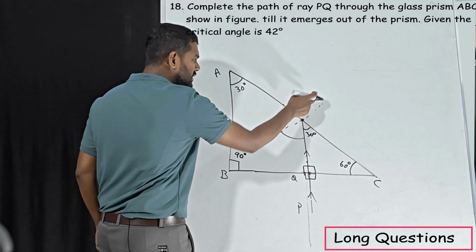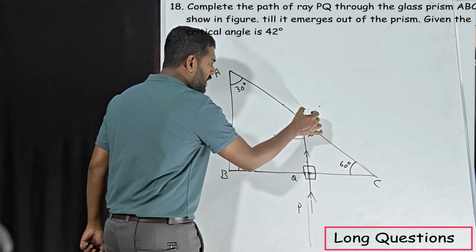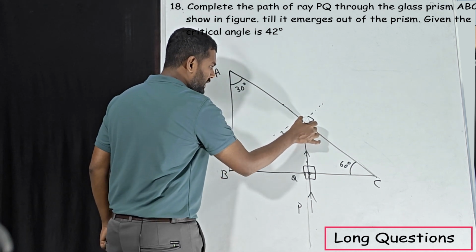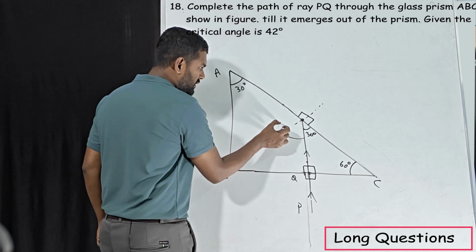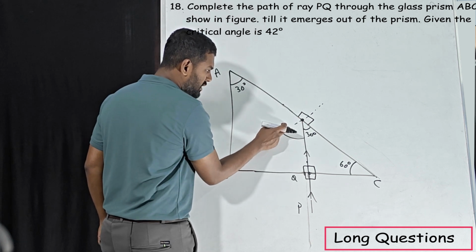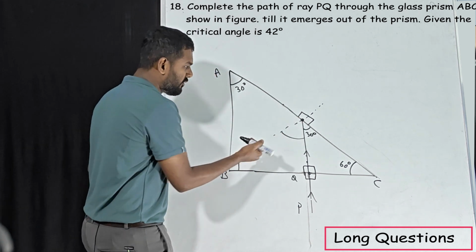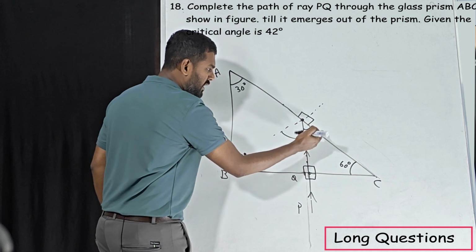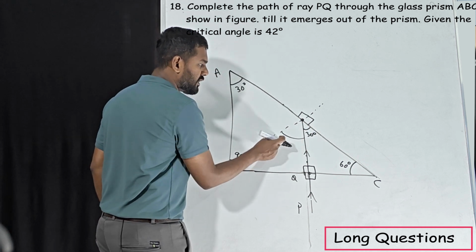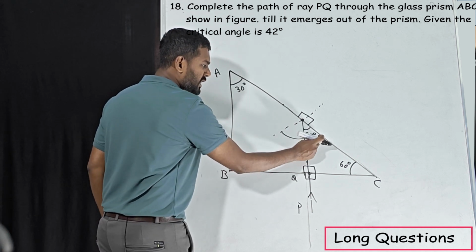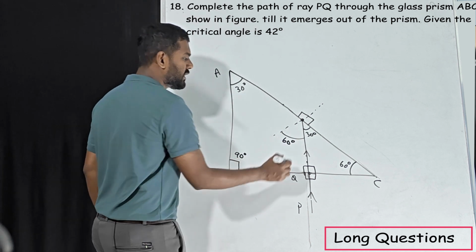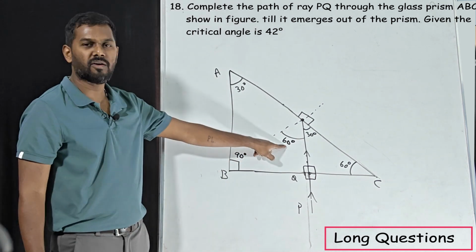Why do we draw this normal? Just to get the reference angle. From this normal to this surface it is 90, from this normal to this surface it is 90. So some part is 30, out of 90 some part is 30, the remaining part will be 60 degree. So now this is the angle of incidence.